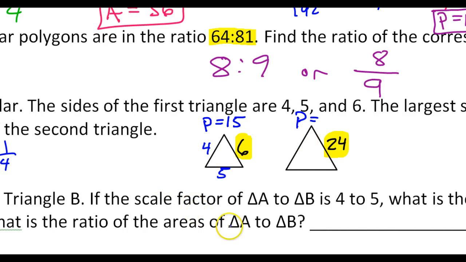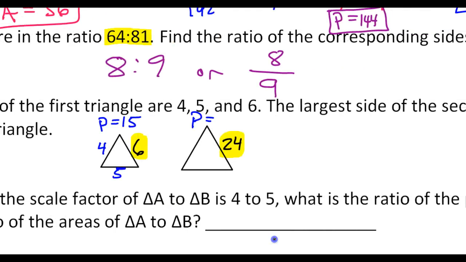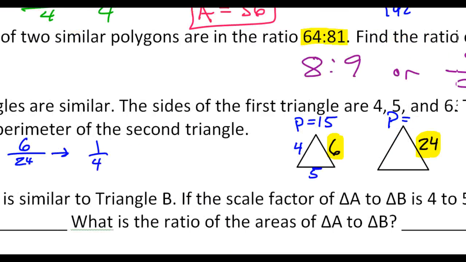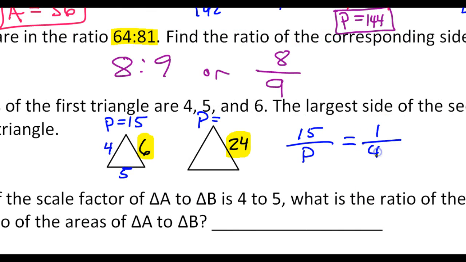But let's make a ratio out of it. Okay, so if we go small to big, that's 15 to P, or I'm just going to call this one P. So 15 to P, then that should equal small to big, 1 to 4. You know, or I could have used 6 to 24, it doesn't matter.